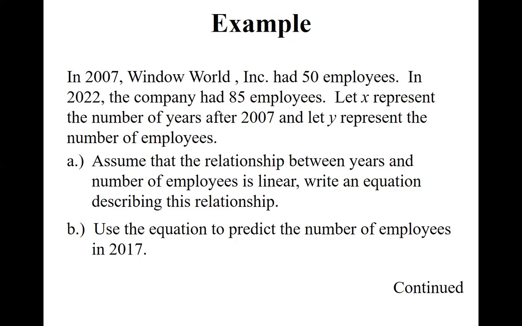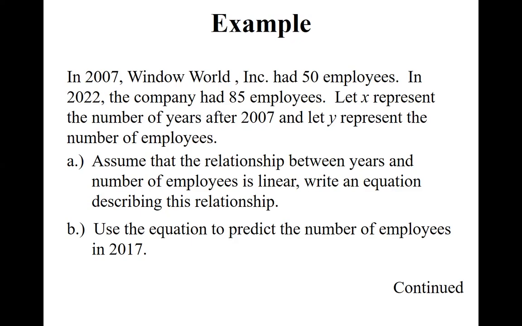Let X represent the number of years after 2007, and let Y represent the number of employees. Let's assume that the relationship between years and number of employees is linear, and write an equation to describe this relationship. And then once we have an equation, let's use it to predict the number of employees in 2017.